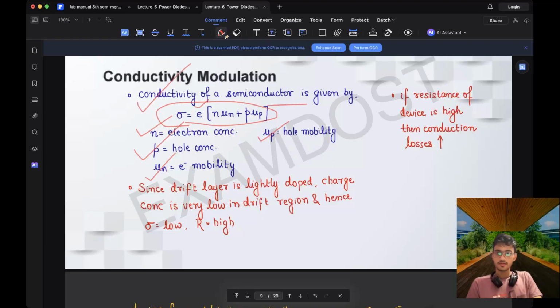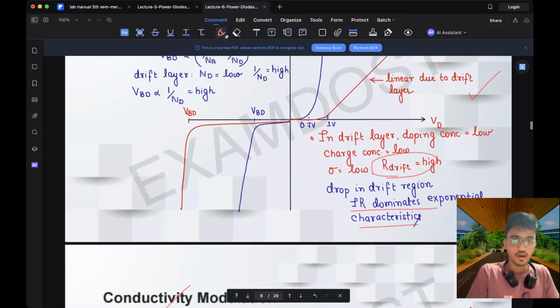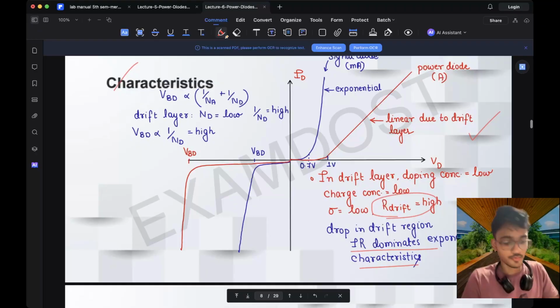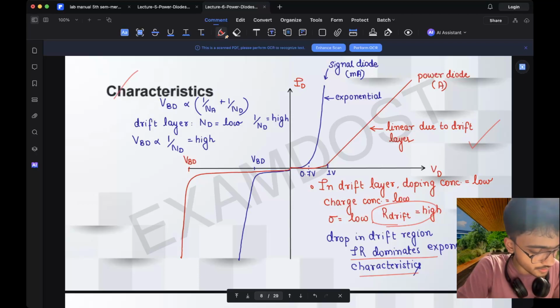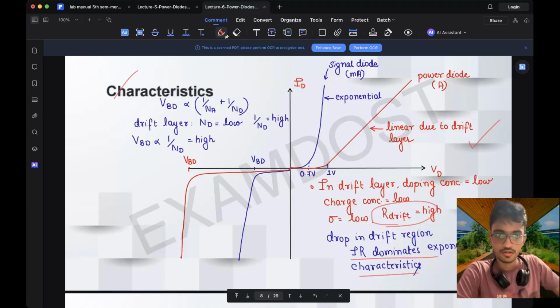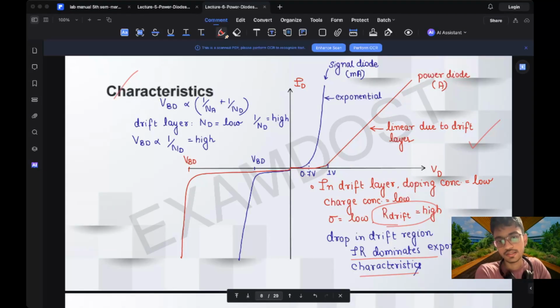I will get into this also. This is also a very important topic, conductivity modulation, but let me write it in my note. Okay, wait. Yeah, so now let us move on to conductivity modulation.